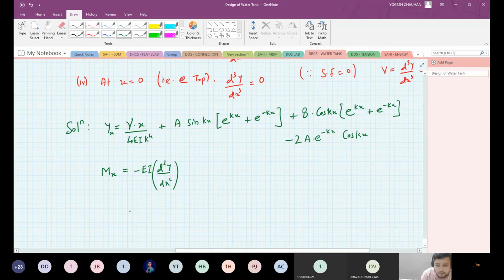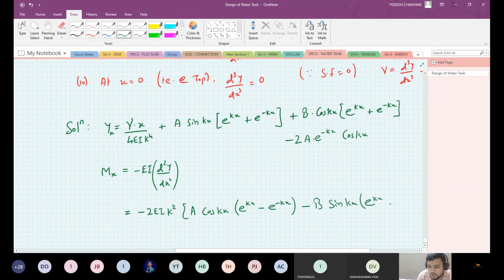So it can be written as minus 2 EI k square A cos kx (e to the power kx minus e to the power minus kx) minus B sin kx (e to the power kx minus e to the power minus kx) minus 2A e to the power minus kx sin kx. Okay, so this is the expression.